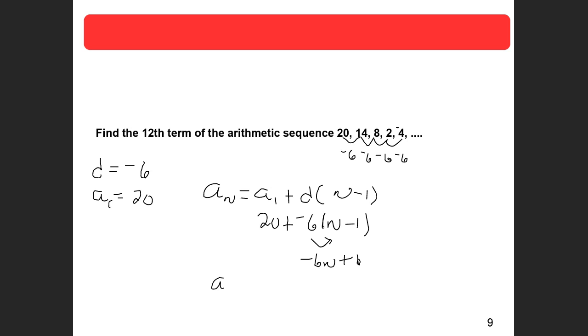So my equation is a sub n is equal to negative 6n plus 26. Now, if I want the 12th term, all I do is plug 12 in here. Now, let's check and see if it works. I know the first term was 20, so I put 1 in here. Negative 6 times 1 is negative 6 plus 26. Oh, that gives me 20. So, yeah, just plug 12 in there, and you would get the 12th term.